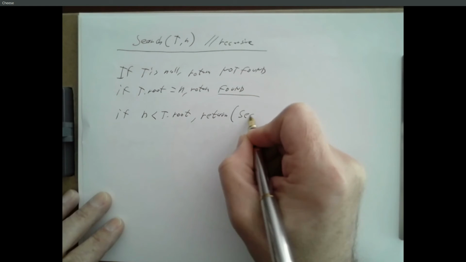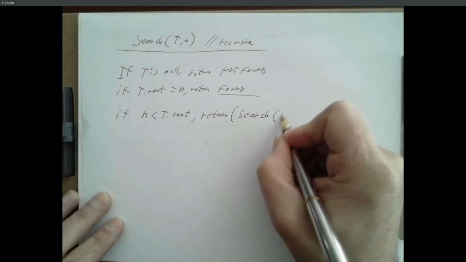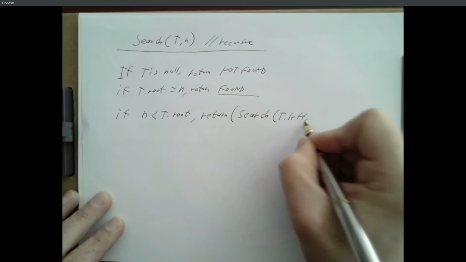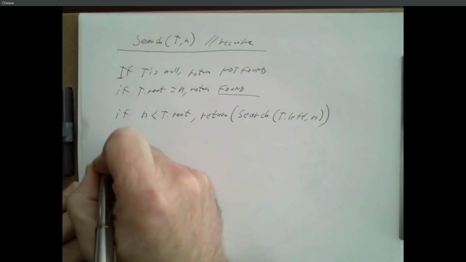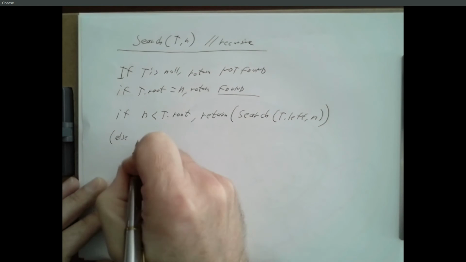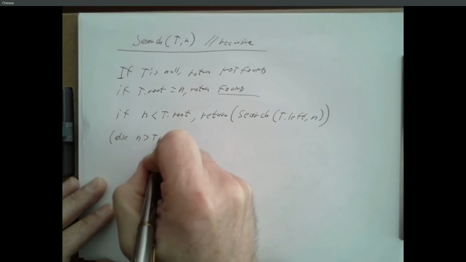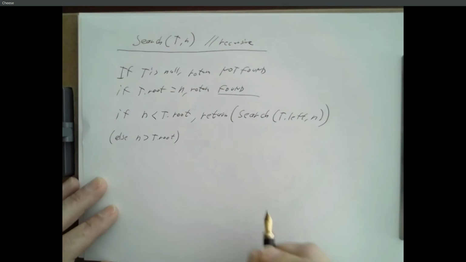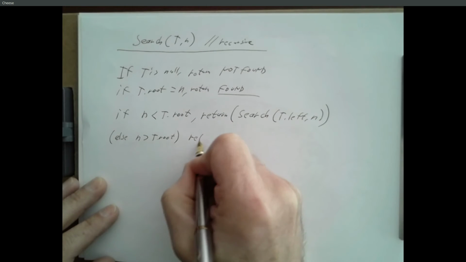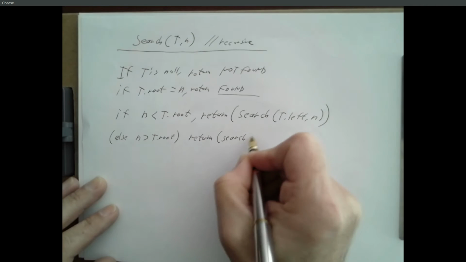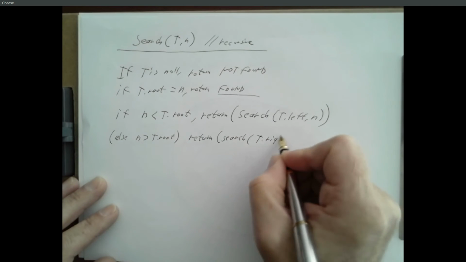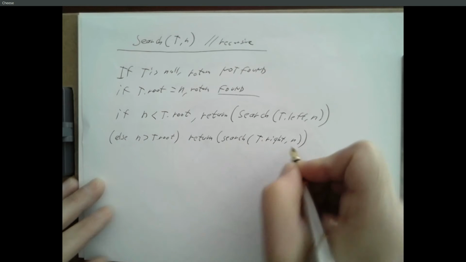I'm going to return whatever I get when I call search on the left subtree, looking for the number n. Otherwise, I know that n is bigger than the root data, and so I'm just going to return search t.right, comma n.